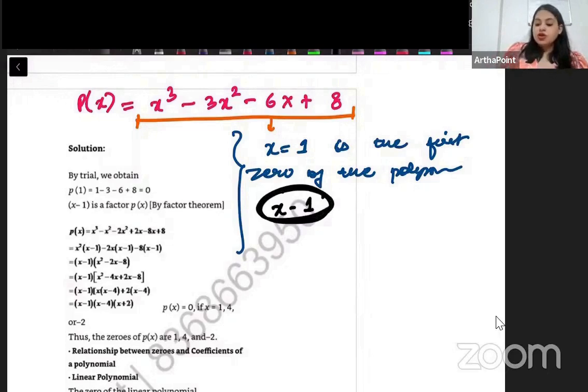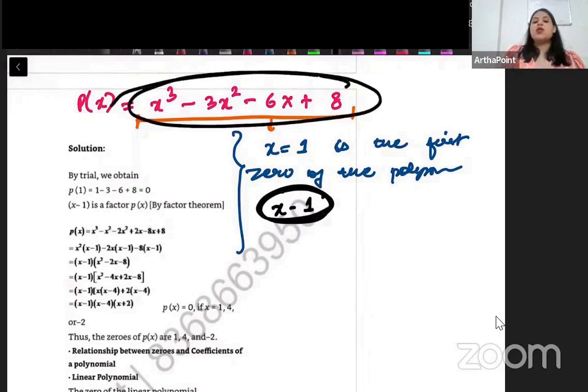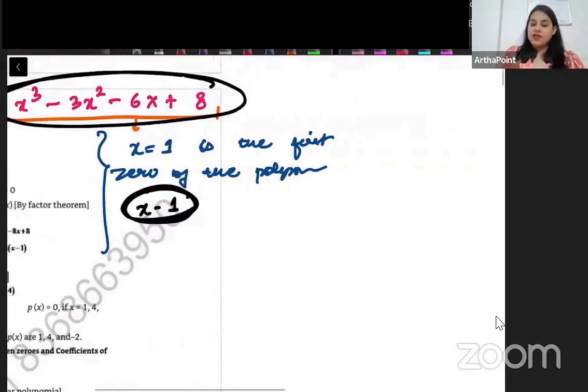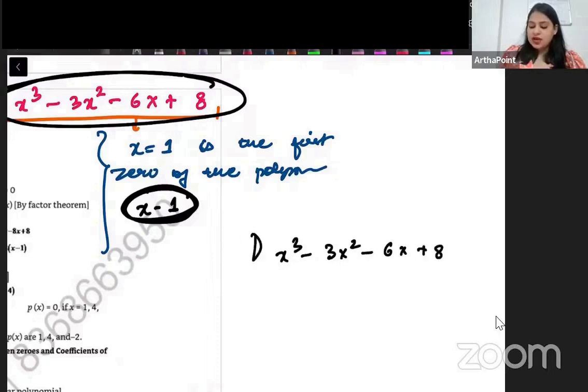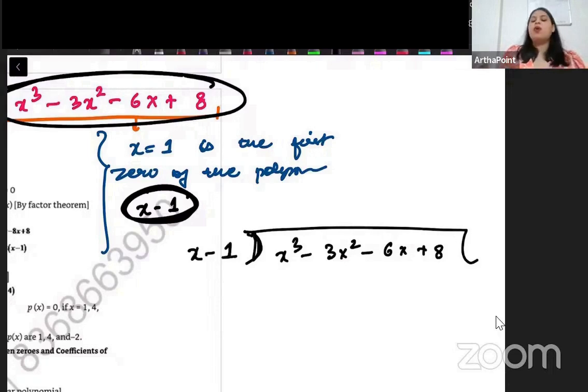X minus 1 should divide this equation. So beta, you will go ahead and divide x cube minus 3x square minus 6x plus 8 by x minus 1.